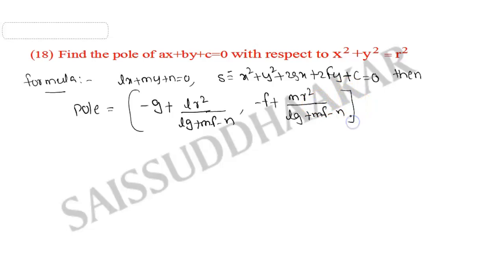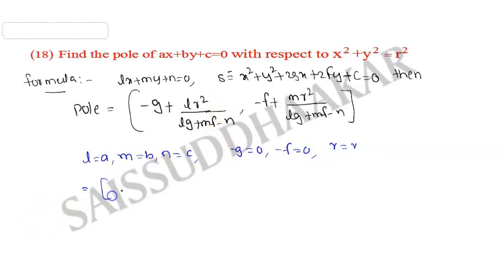Okay, so now by comparison we are getting L is equal to A, M is equal to B, N is equal to C, and the center of the given circle is 0, 0, that is nothing but minus G is equal to 0, minus F is equal to 0, and radius is R. Okay, so substitute here.